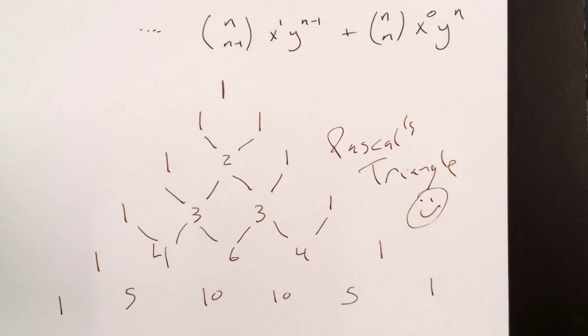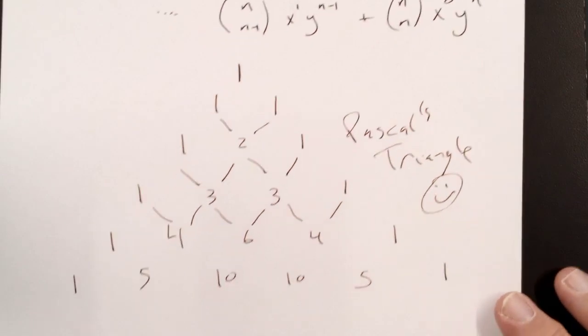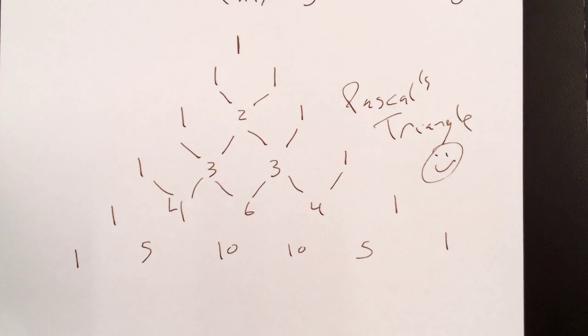Blaise Pascal wrote a book on algebra in which he put forth that this was the easiest way to create this list of numbers. So Blaise Pascal gets credit.